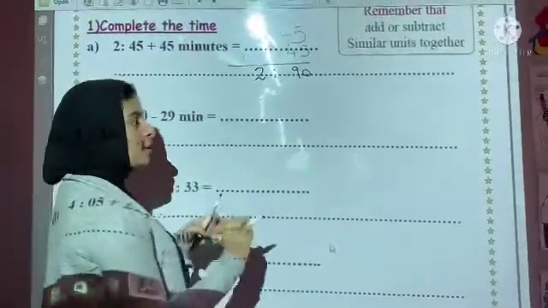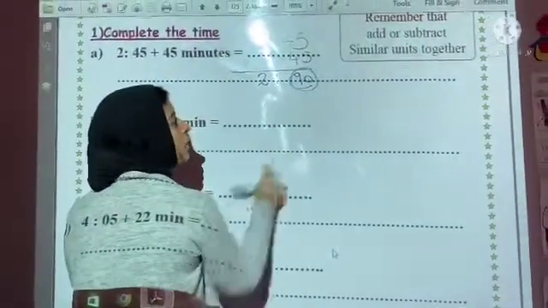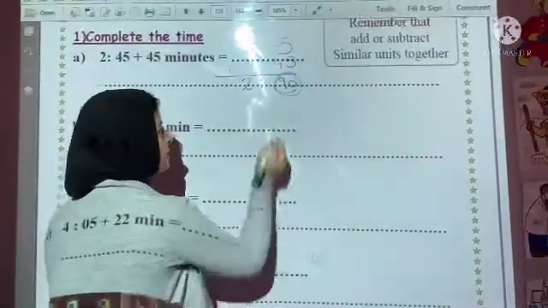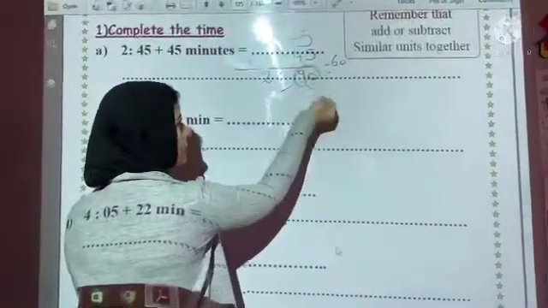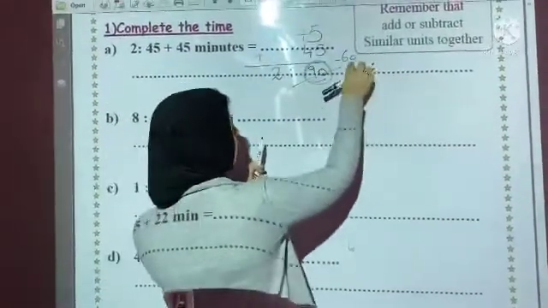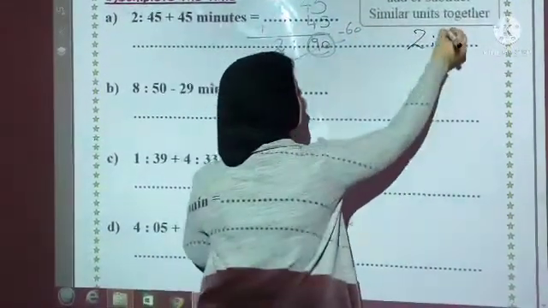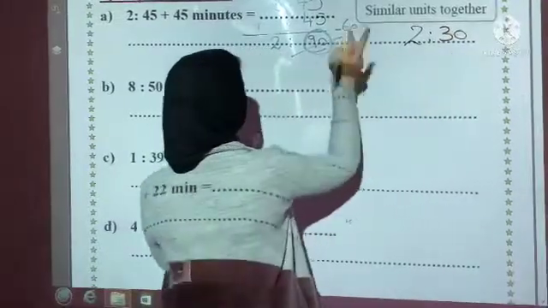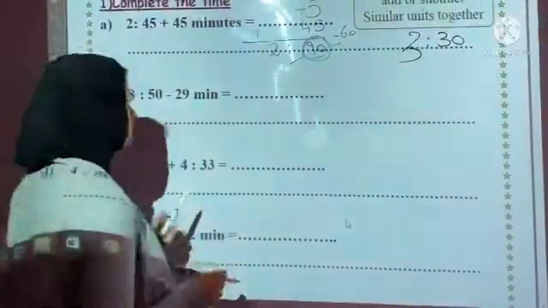But I can't put a number greater than 60 in the minutes. Now I have 90, it's greater than 60. So I'm gonna subtract 60. When I subtract 60, that means you have 1 hour. So I'm gonna add this 1 hour to 2, it will be 3. And 90 minus 60, it will be 30. So it will be 3 and 30 minutes.